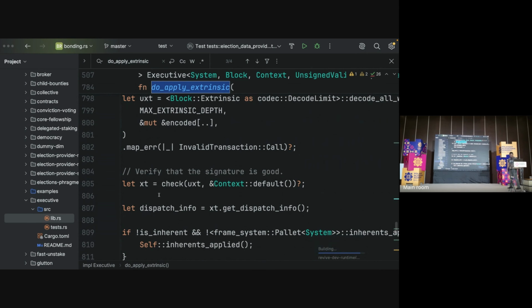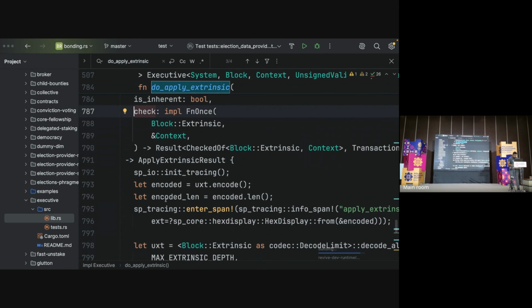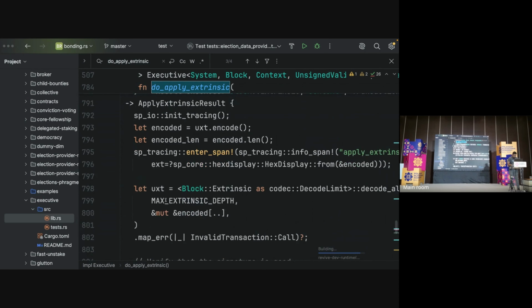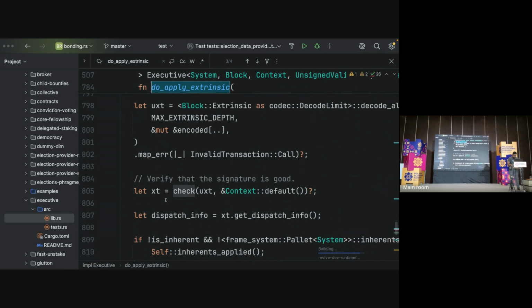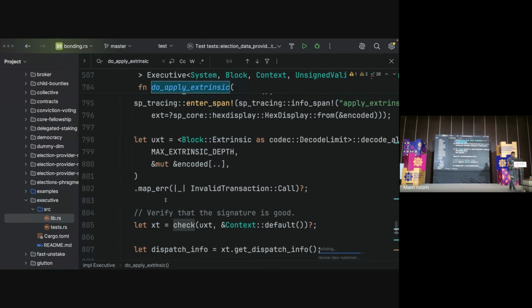We do some checks here. XT is, I think, unchecked transactions, if I'm not wrong. Okay, this code looks a little bit like what we were doing in Frameless.